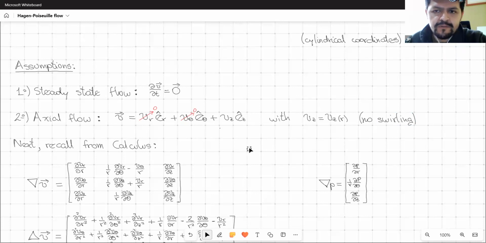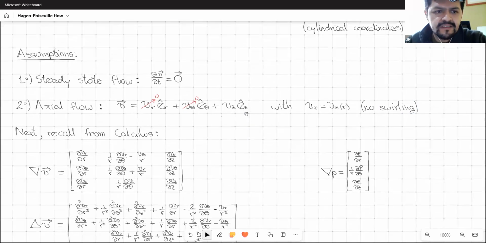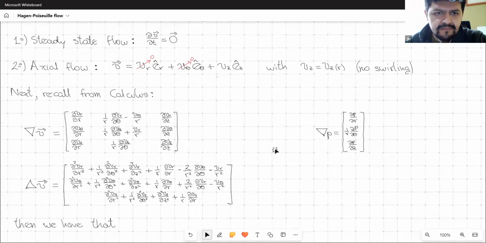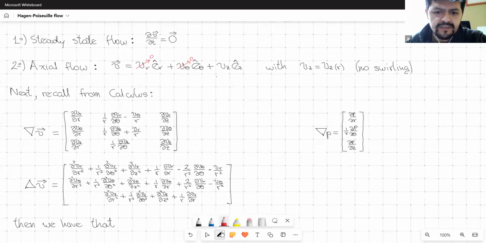As I said before, we will work in cylindrical coordinates. In cylindrical coordinates, this is the form that the gradient of velocity and the Laplacian of the velocity look like. And also here we have the pressure gradient, as you can see. Enforcing all these assumptions we just mentioned implies that every single term where either the radial component or the tangential component of velocity appears will be 0.